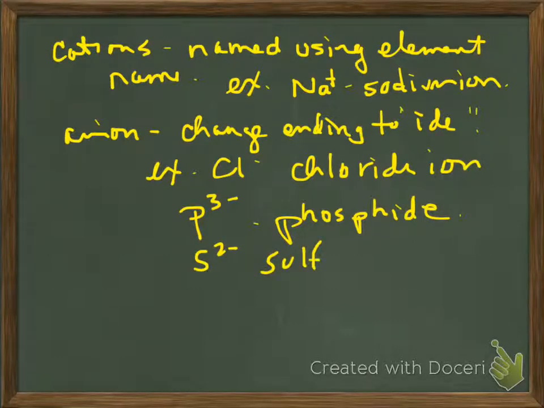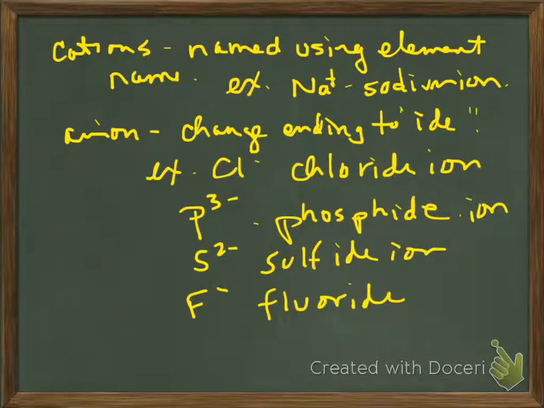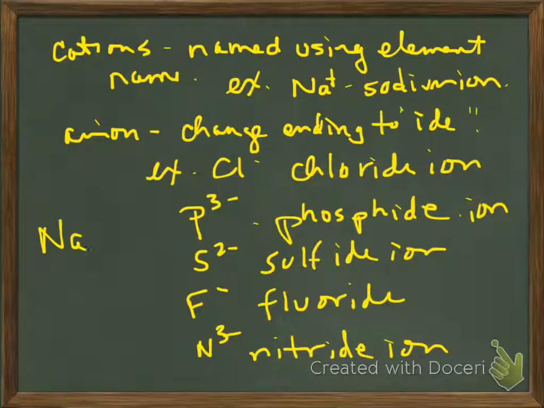S-2 is the sulfide ion. Remember that F is fluoride. N-3 is the nitride ion. And then when you name them, you just put them together: sodium chloride, sodium phosphide. You make sure that they are neutral. So sodium chloride would have 1 sodium, 1 chloride. Sodium phosphide needs 3 sodiums for every 1 phosphide.